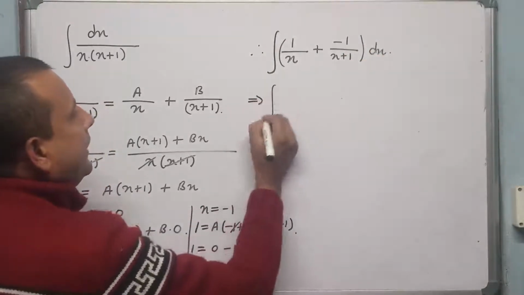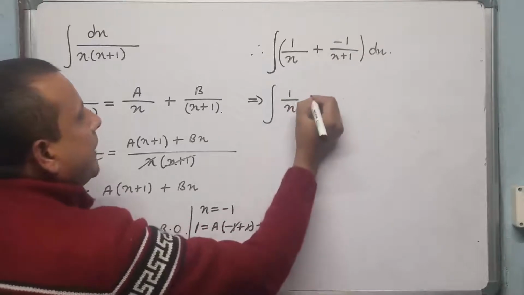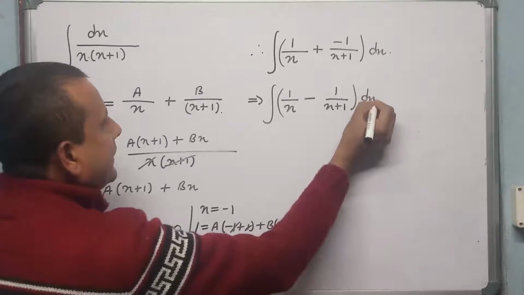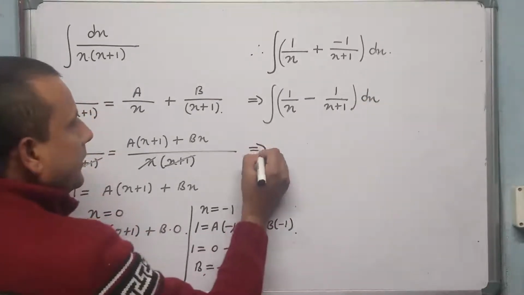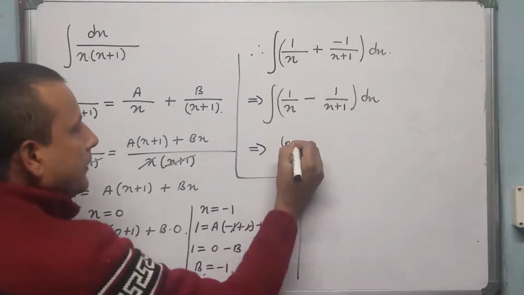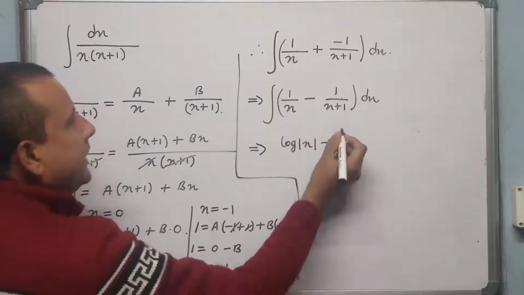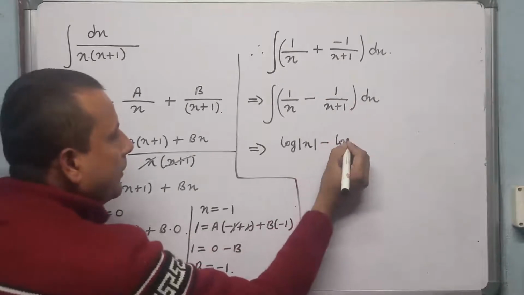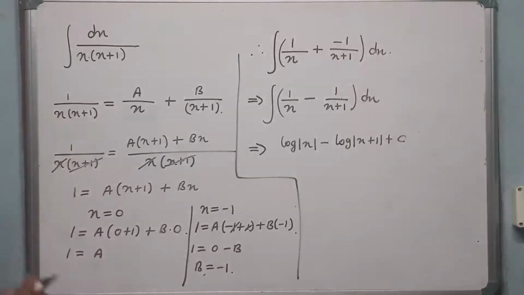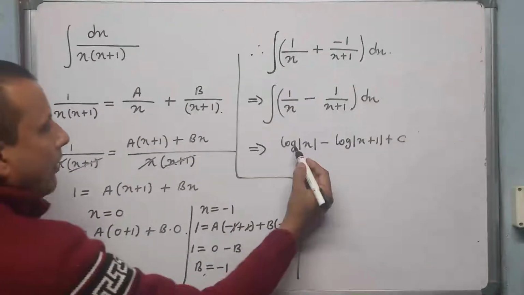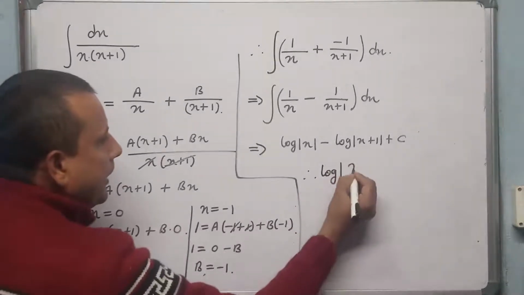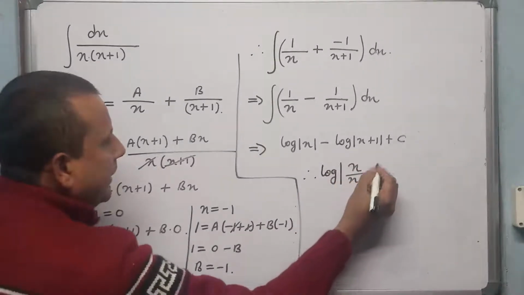Integral of dx over x is log of mod x, minus integral of dx over (x plus 1), which is log of mod (x plus 1), plus C. Now we'll apply the property of logarithm: log m minus log n is log of mod m over n. This is the final answer.